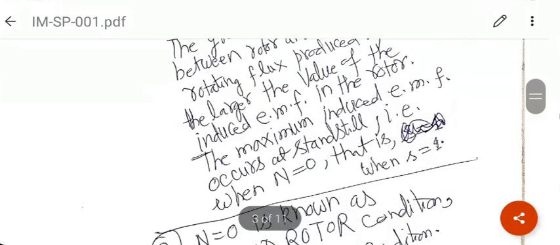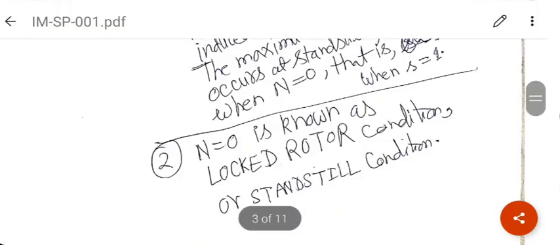The maximum induced EMF occurs at standstill. When rotor is not rotating, then maximum possible EMF will be induced in its windings. And as rotor starts rotating, the amount of EMF starts getting less and less. Rotor never catches up fully with stator's flux, but it gets there close enough. And the difference is known as slip. Right? We have seen that.